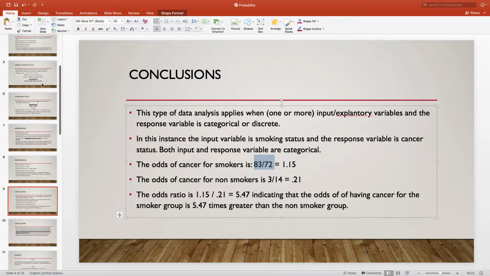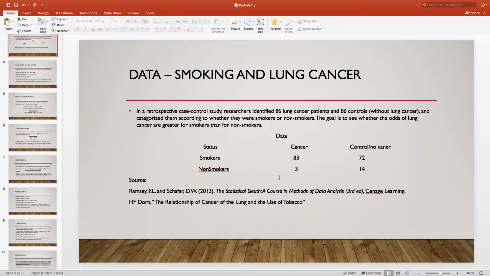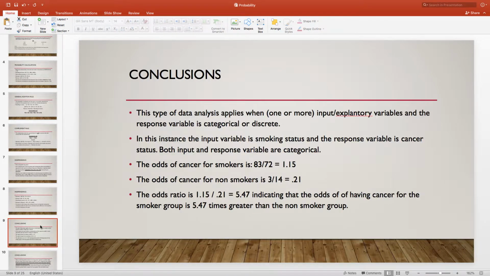If we go back to our data, for smokers 83 of them have cancer, 72 do not. We can do the same for non-smokers, 3 divided by 14, and compare the odds. So 3 divided by 14 is 0.21.